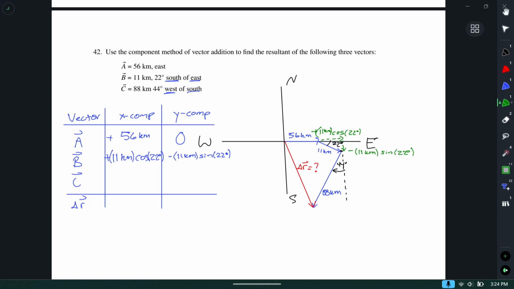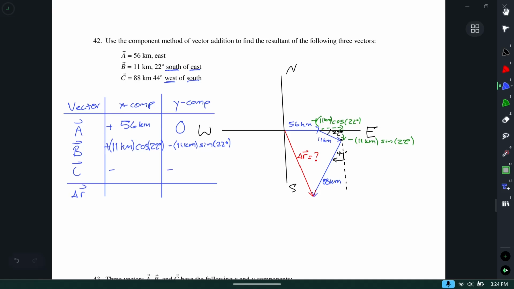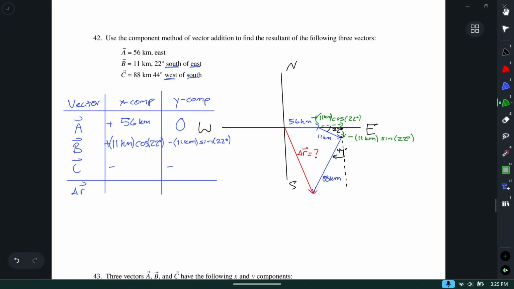X is negative and Y is also negative. Yep, because we have to walk down and to the left for vector C. All right, tell me which one I should use sine for and which I should use cosine for. Would you use sine for the x component and then cosine for the y component? Yep.